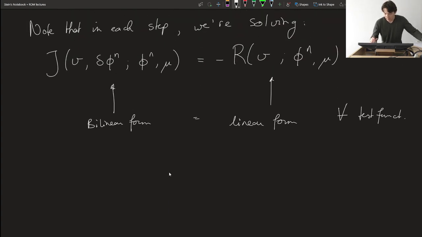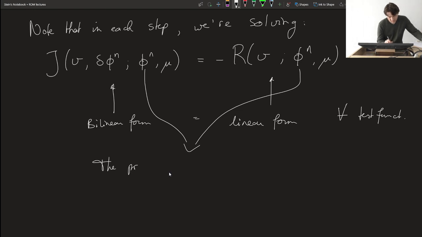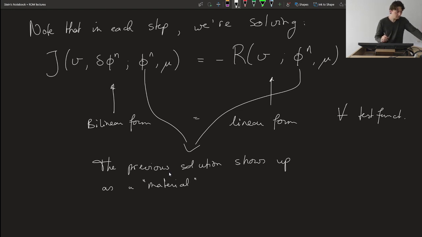Now, let me also address that specifically. So, our previous solution shows up as a material parameter or field.